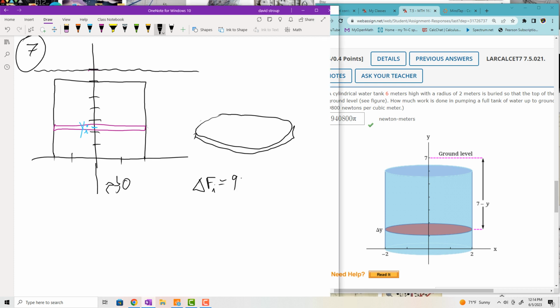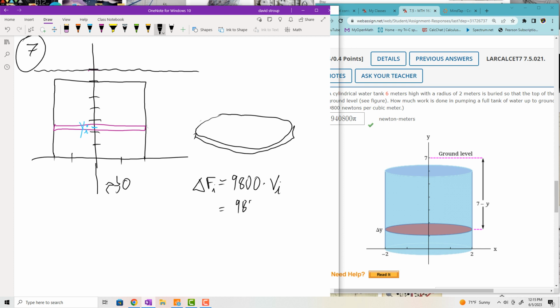So the weight of this is 9,800 newtons per cubic meter. And then on top of that, you want to know the volume. So it's always going to be a weight density times the amount of the particular fluid you're dealing with. So here we have 9,800, and then we want to multiply it by the volume of that disk.